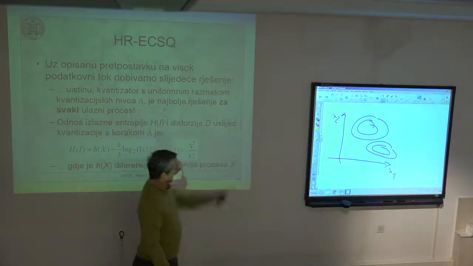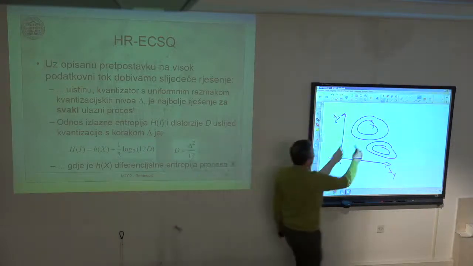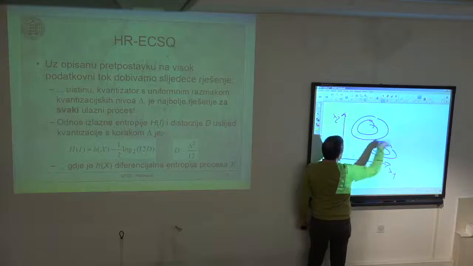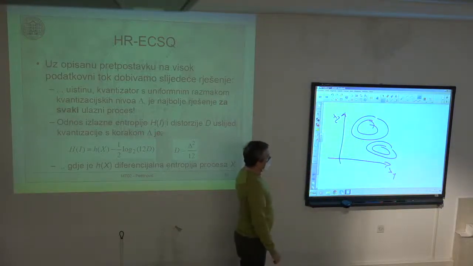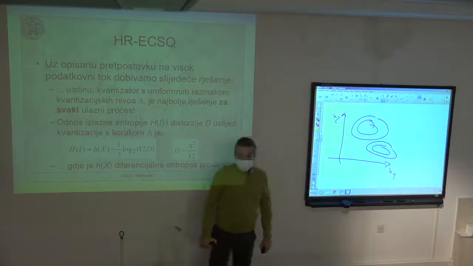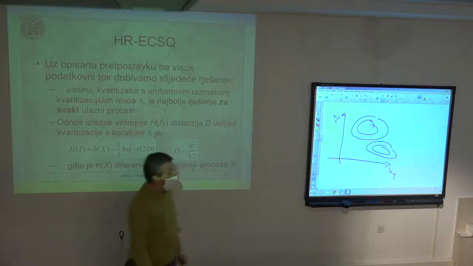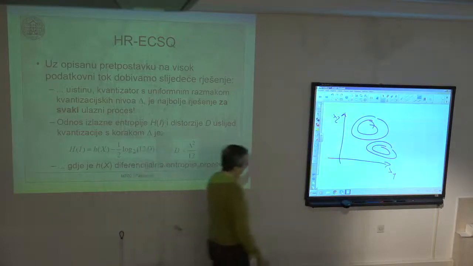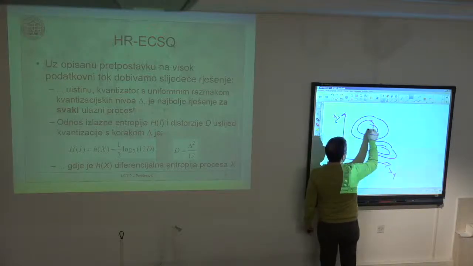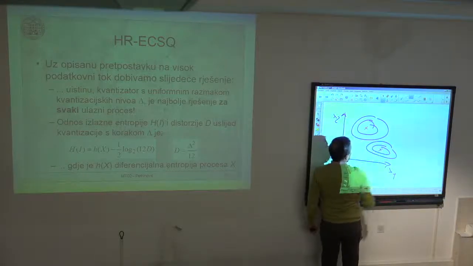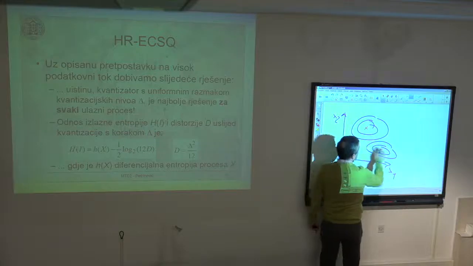So these round curves represent points that have equal probability density along these curves. So they are ISO probability curves. Where should I put the representatives of such a process? Obviously, if I have only 1 bit, I would put 1 value here and 1 value here.